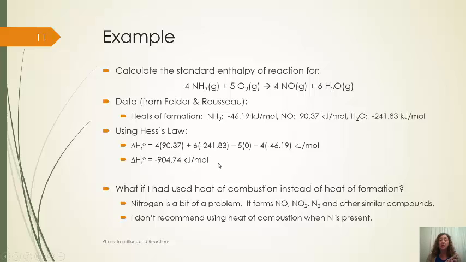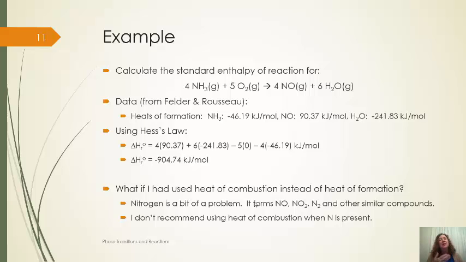My other choice is to look up heats of combustion and take these minus this. Now everything goes just fine except nitrogen. Nitrogen products are a problem. Whenever you have nitrogen in your reaction, heat of combustion is going to be a dicey proposition. It's great on hydrocarbons, not so awesome when you have nitrogen.